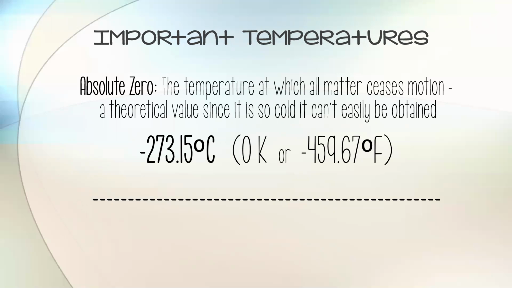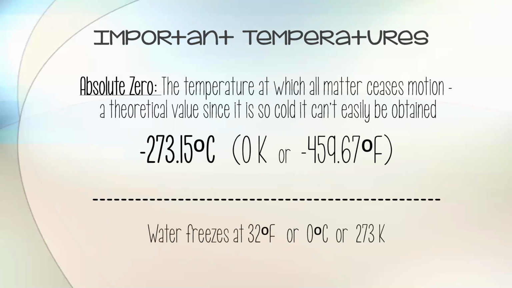So negative 273 plus 273 gives you about 0 Kelvin. So I would just remember 0 Kelvin. That's fine with me. And then just remember that water freezes at 32 degrees Fahrenheit or 0 degrees Celsius or 273 Kelvin. So it just depends on what type of temperature scale you want to look at as to which value you will use.